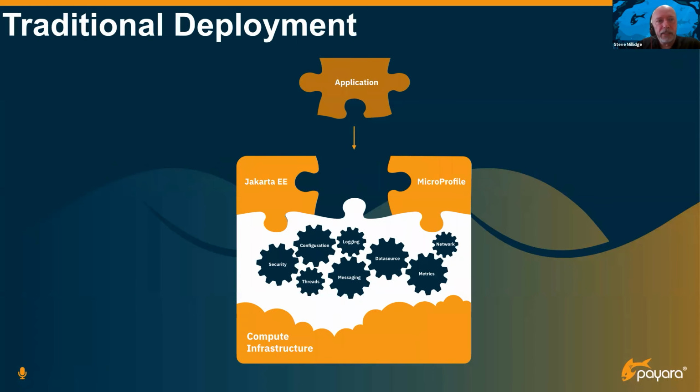So this is what we've been doing. If we go back to the traditional deployment model, what we see in Jakarta EE is that we separate our application from our compute infrastructure and our runtime. What I mean by that is you create a WAR file or you create an EE file, and then what you do is deploy it.